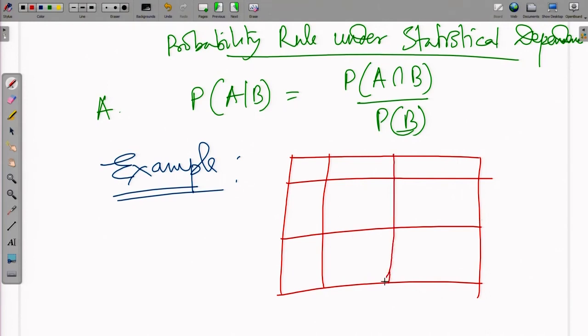Let me write corrupt as C, not corrupt as NC. We are asking whether you see corruption more among male or among female. Let us say you have male and female, all right.